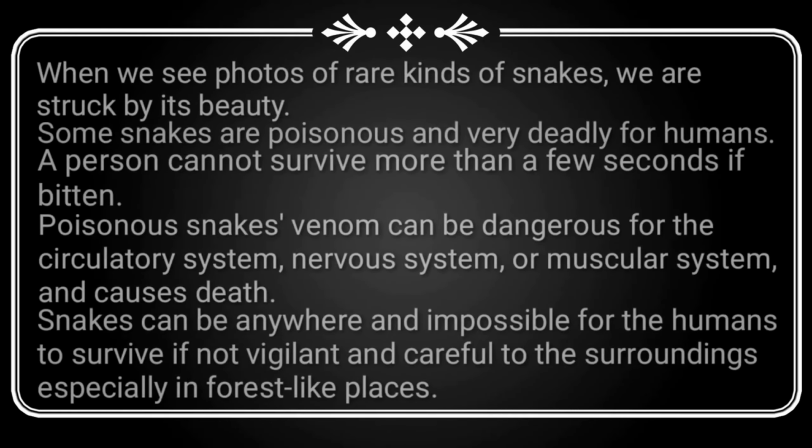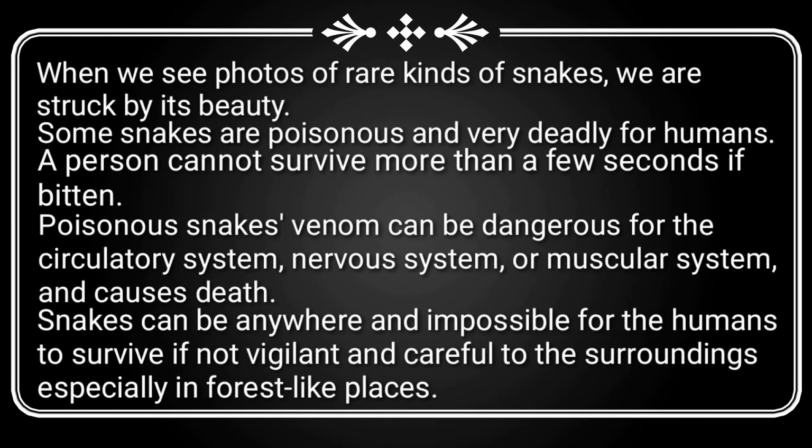Now, let's connect these ideas using transition words that show their relationship and make it coherent. When we see photos of rare kinds of snakes, we are struck by its beauty. Some snakes are poisonous and very deadly for humans. A person cannot survive more than a few seconds if bitten.